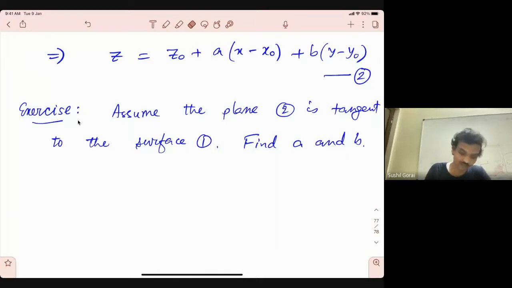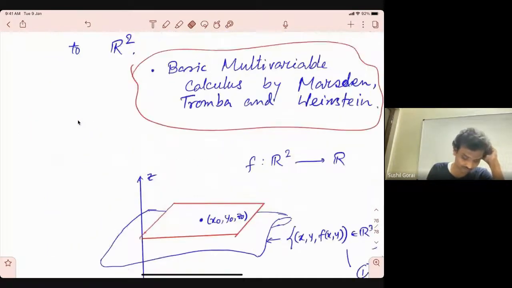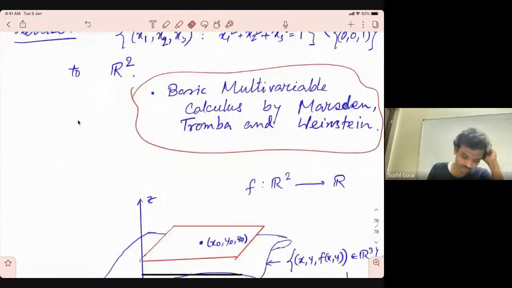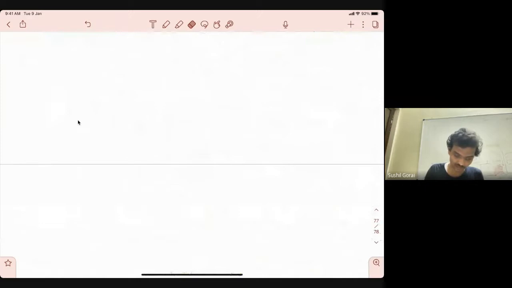So let us repeat a little bit what we wanted to do. We wanted to find a linear transformation.